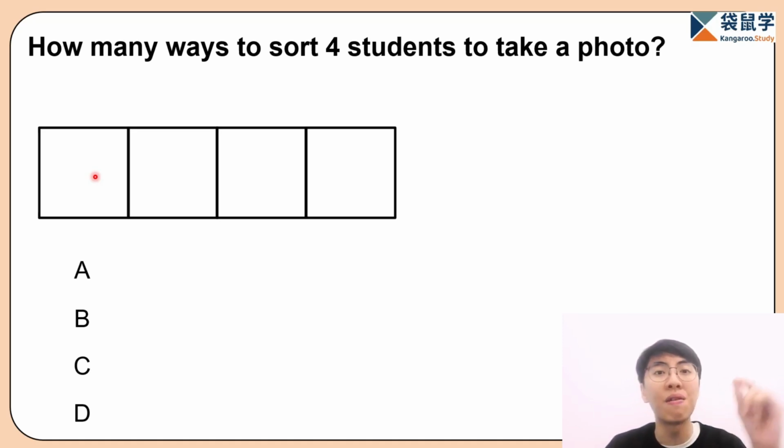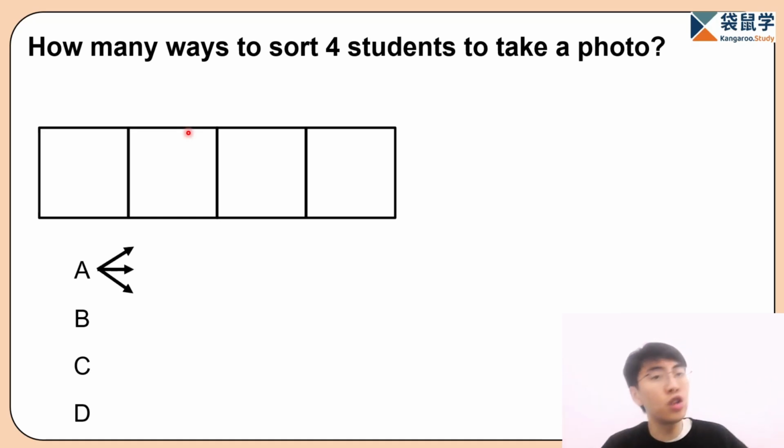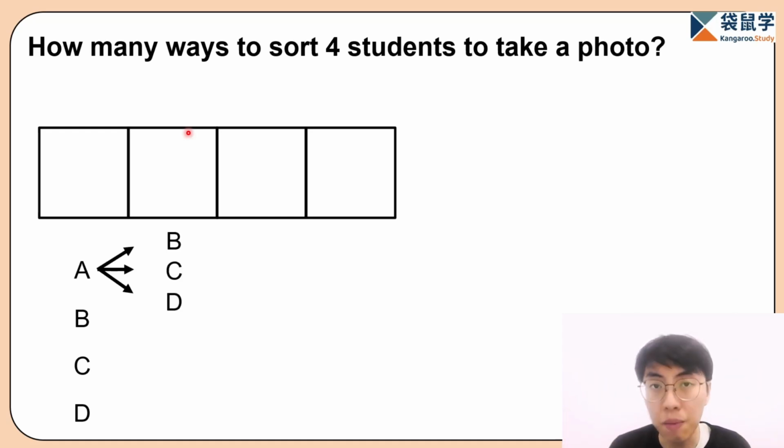But now let's say we fix it to be one of them, let's say student A. Now, who can sit at the next following seat? The answer should be very evident. Since A is already at the first seat, for the second seat, there should only be 3 possibilities, and that is B, C, or D.